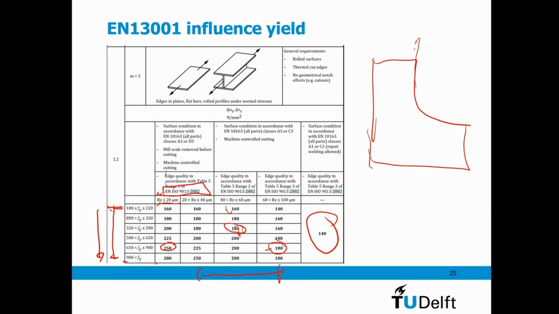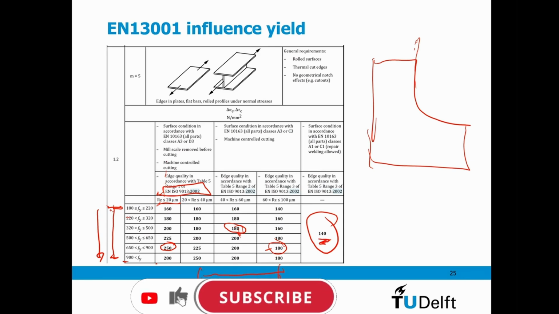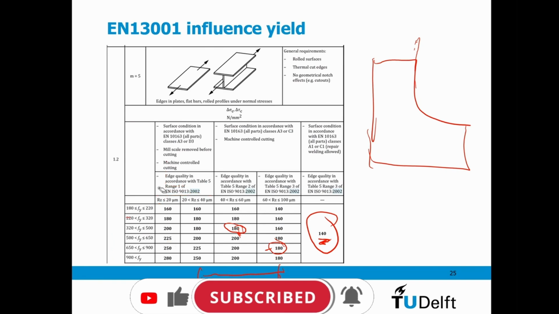But that depends on the surface condition. If you do not take that into account, or your edge or your cutting limit is not okay, you might even end up with a very low fatigue limit. Yeah, so take that into account. And this is basically the quality of the manufacturer.